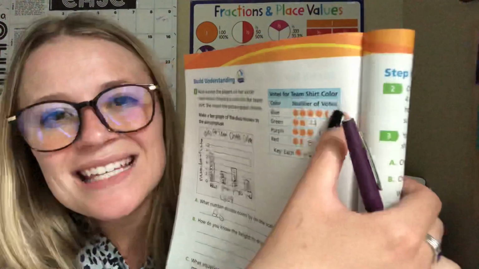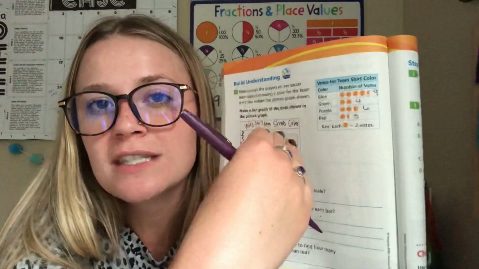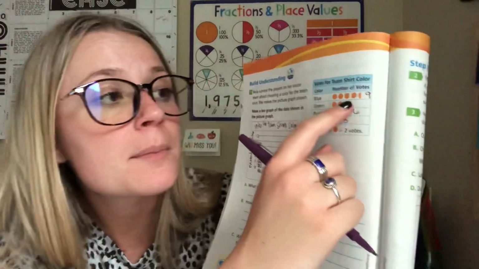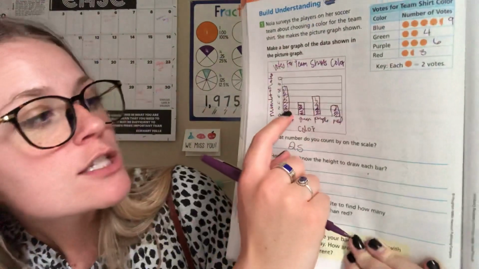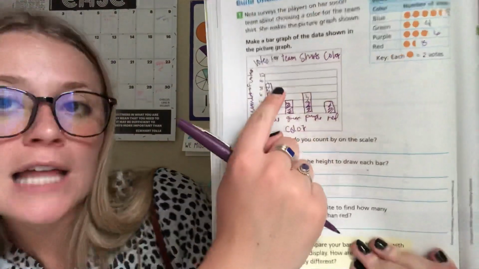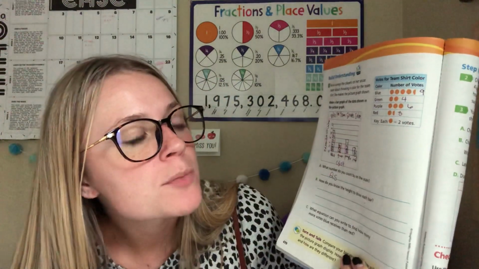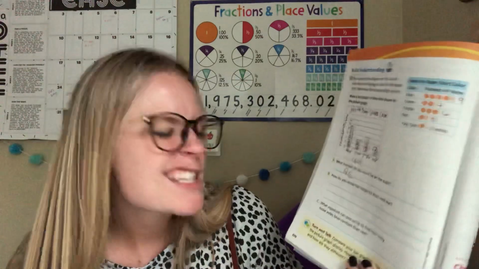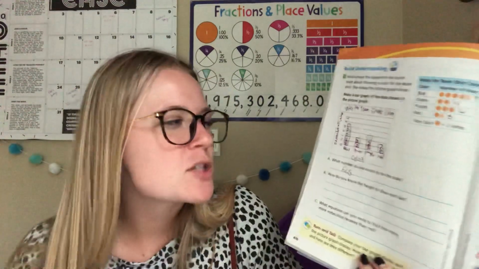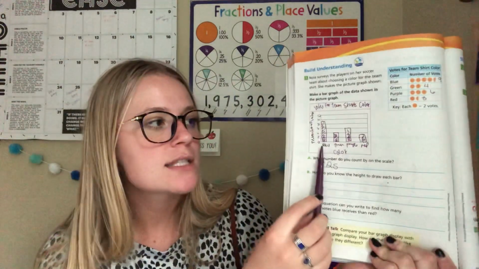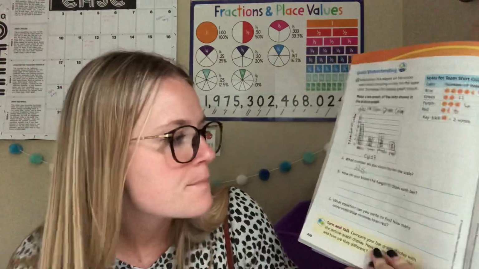So like 9 is not divided by 2, but the closest number is 8. 8 divided by 2 is 4. So we count 1, 2, 3, 4 lines and then half. So you just look at the numbers and look and see multiples of 2. That's kind of a funky question, especially because you can look at the numbers on the side. So I would just rely on that.